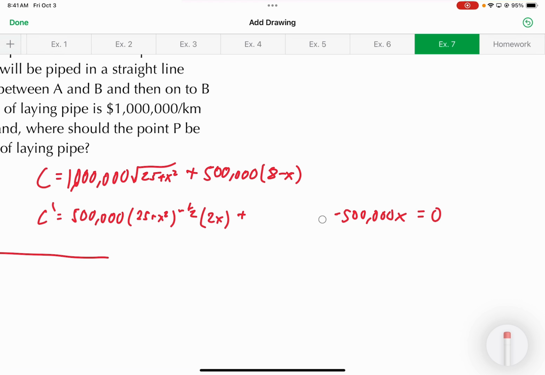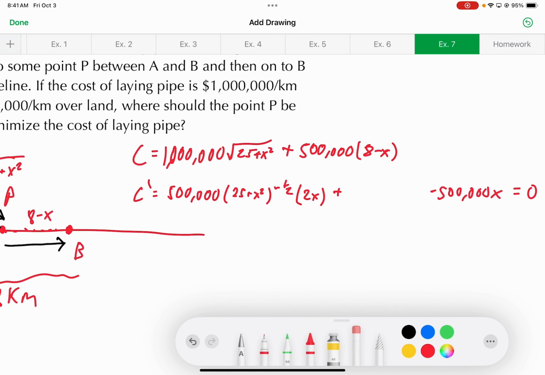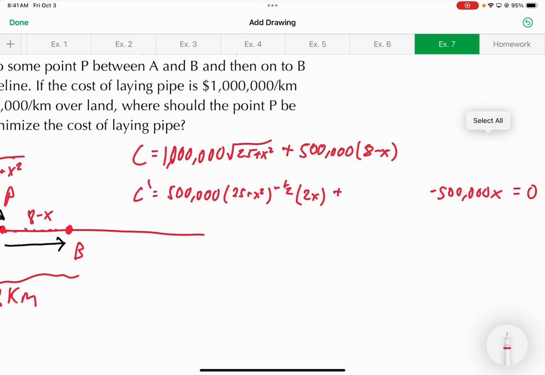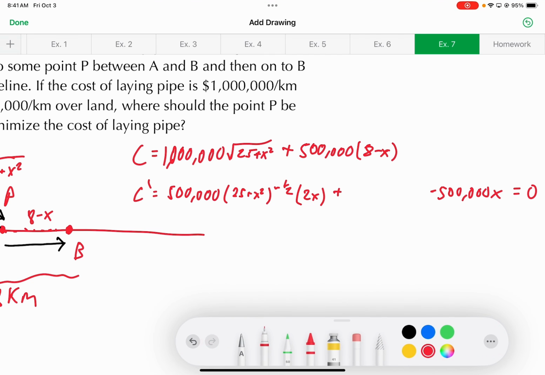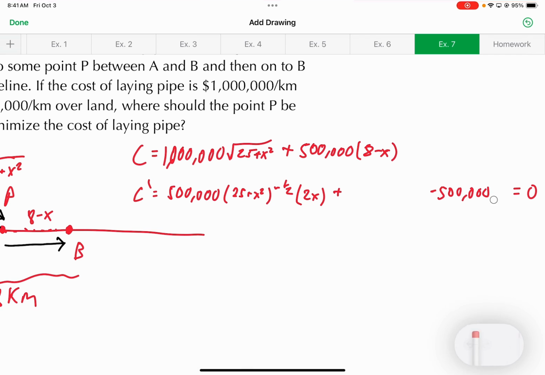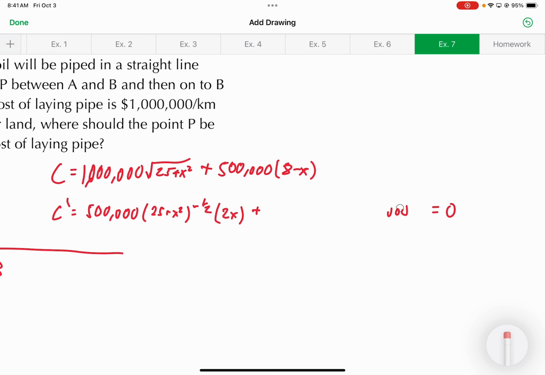It's the derivative. Halfway through, I forgot that we were taking the derivative. So 500,000 times 8, which is going to be 4 million, you're right, but the derivative of that is 0. So I don't need that x there because I'm taking the derivative. Sorry about that. Okay, well then that makes it way more attainable, you know?